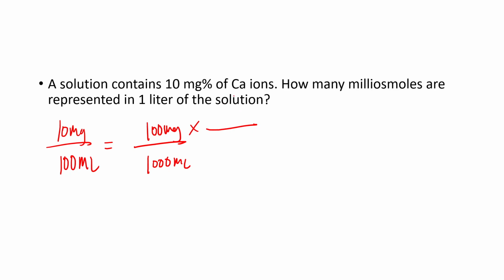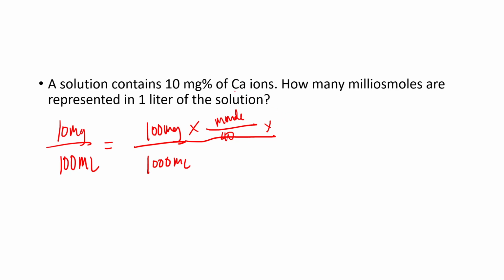Let's get calcium. What's the molecular weight of calcium? Molecular weight of calcium is 40. So let's divide by molecular weight. You will get millimoles. And once you get millimoles, you can multiply with the species. Please take note that the species does not relate with valence.